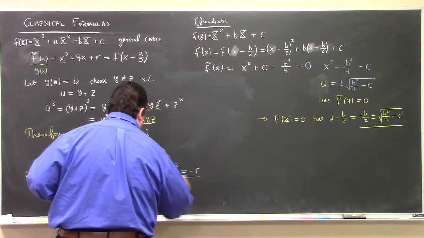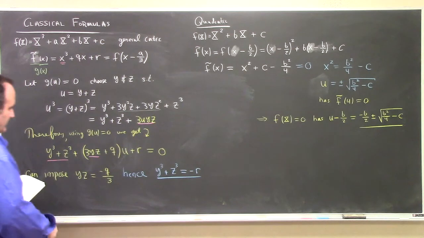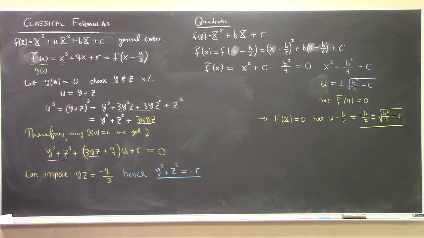That follows from the equation right above it. And what else do we get? We get y cubed z cubed equals what?